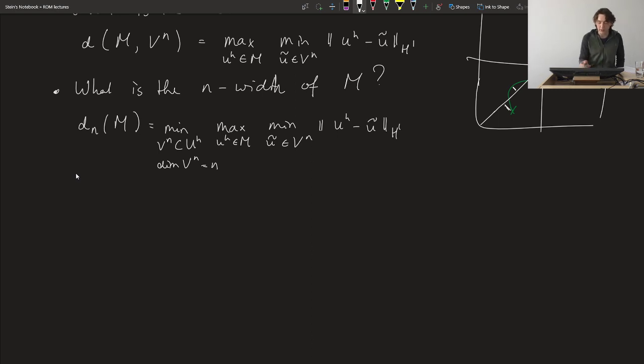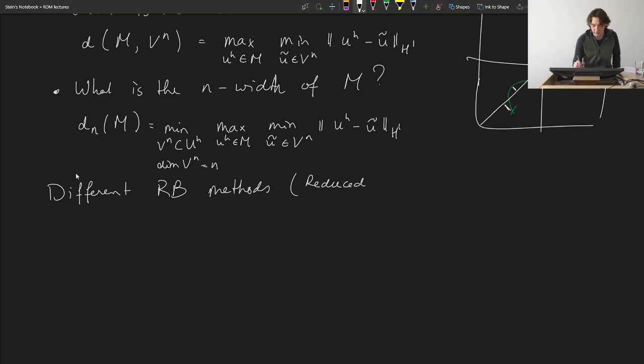So different reduced basis methods actually focus on the strategies of obtaining that optimal Vn. And that's the first thing I want to point out. So different reduced basis, RB methods. Reduced basis, that's the first time I used that abbreviation.